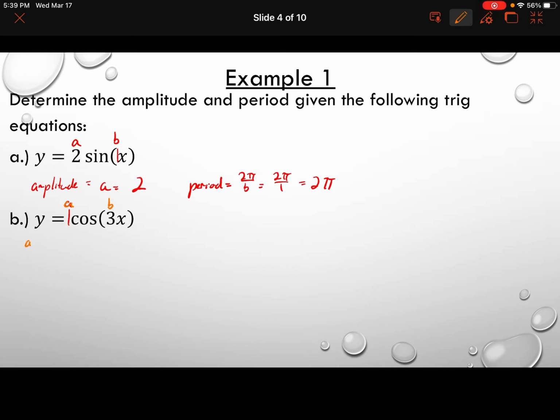So that means our amplitude is equal to a, so it's equal to 1. And our period this time is equal to 2 pi over the b value, so 2 pi over 3. There isn't really much else you can do to simplify that. It's just 2 pi over 3.